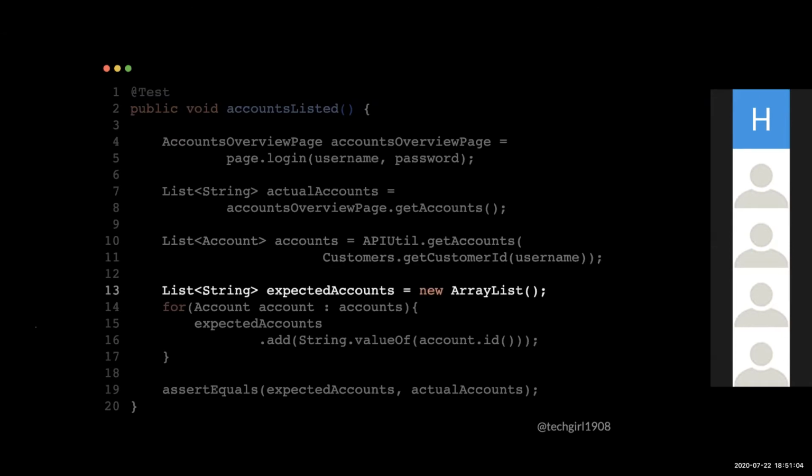So we want to make a new list, which will only contain the account numbers as strings as opposed to the entire account object. And we'll loop through the list of account objects and add the account number for each account into our list of expected accounts. Finally, we compare both lists to make sure that every account for this customer is actually shown on the site.